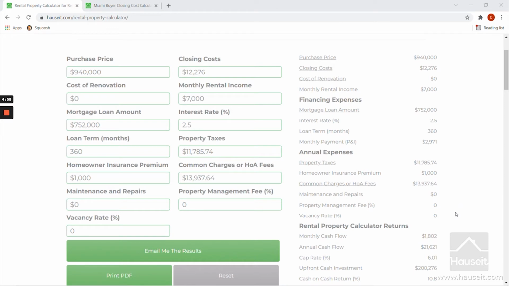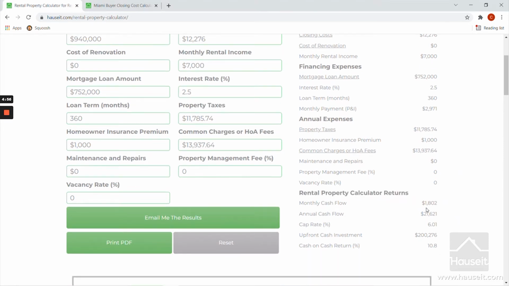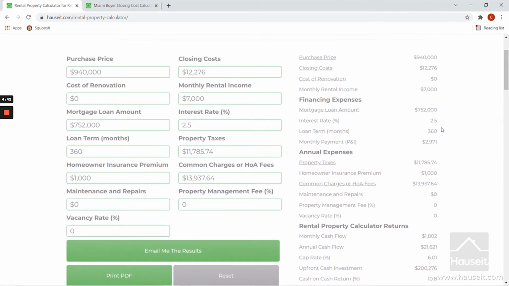So what you're seeing here in the returns, for example, monthly cash flow and annual cash flow, this is just a purely cash metric. It's not an accounting or tax sort of metric. So what this is basically telling you is your annual income.